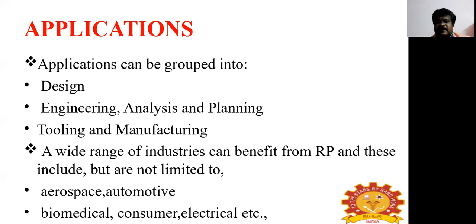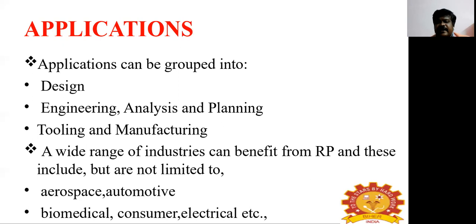So these applications we can group into design. In design we can take any number of things, say the design of a gear or any small components, or even complicated shapes we can build.